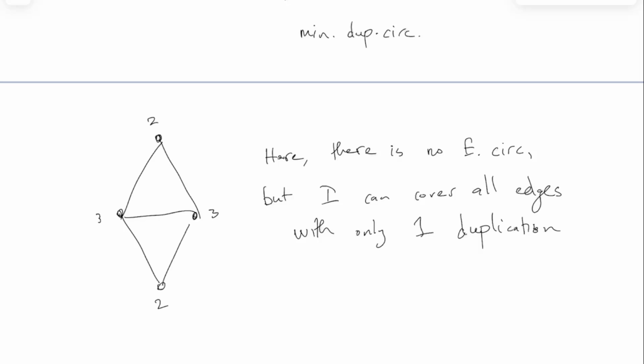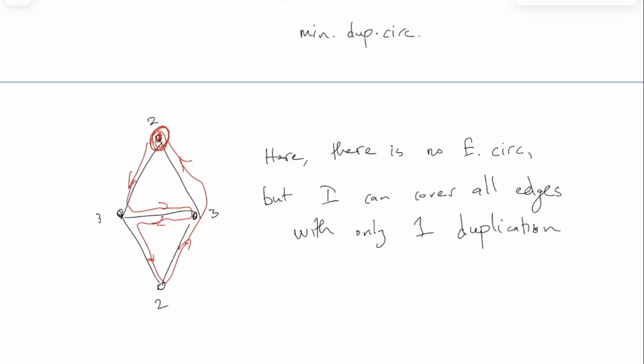And can I draw that? Here's how I would do it. If I start, say, at the top here, I can go down there, across the middle, back across the middle again, and then up around the edges like that. So this is my circuit with only one duplication. That is, I use that edge in the middle twice. But that's the only one that I had to go over twice, all right?